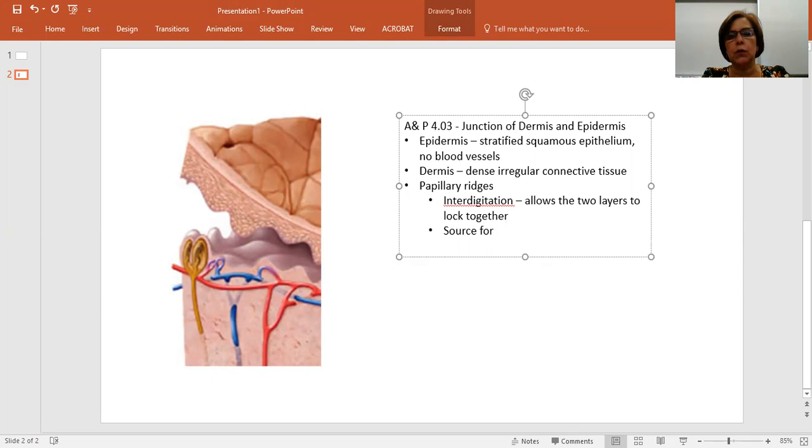This is your source for fingerprints. These are also sometimes called friction ridges. So it's good because not only does interdigitation allow the two layers to stay together, it also provides us with ridges on our fingertips, which help us hold on to things.